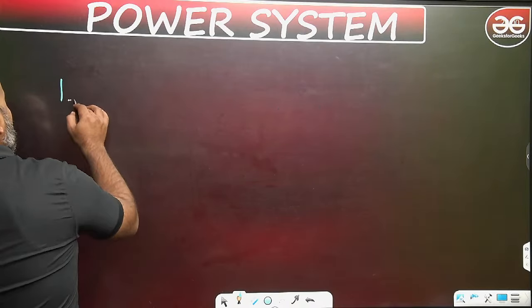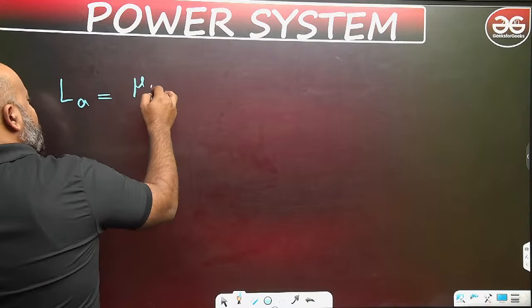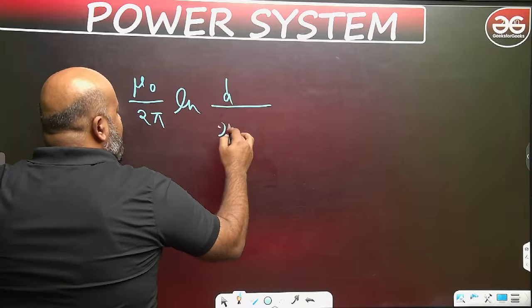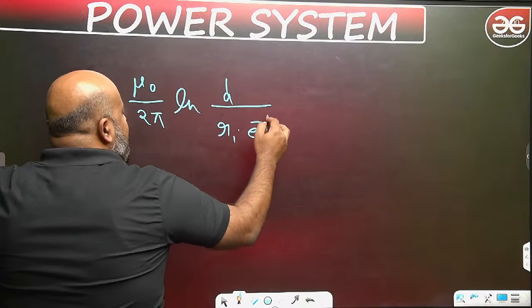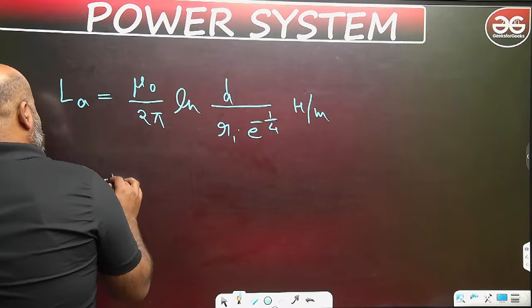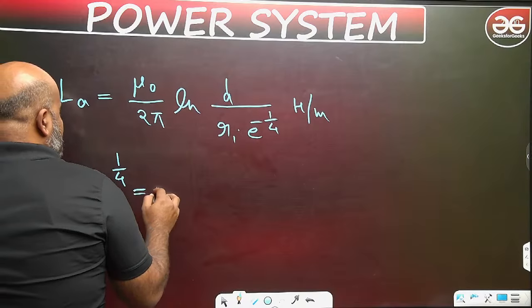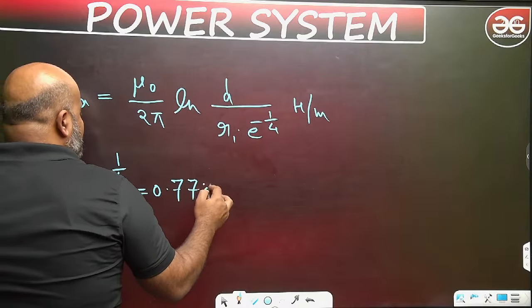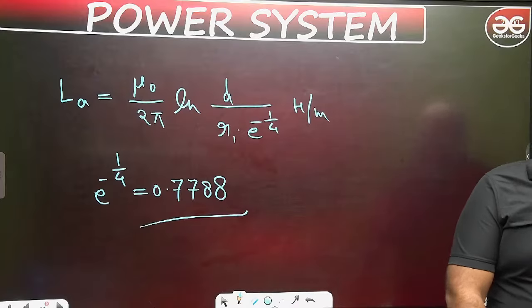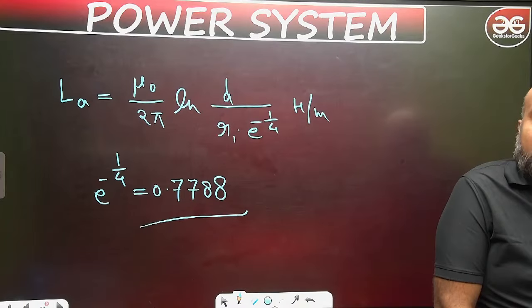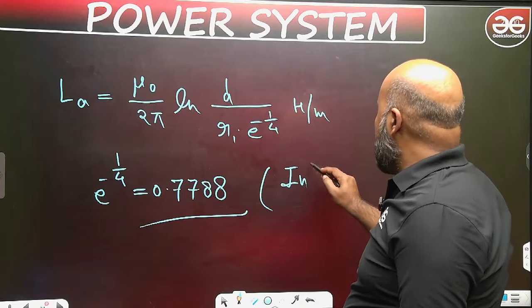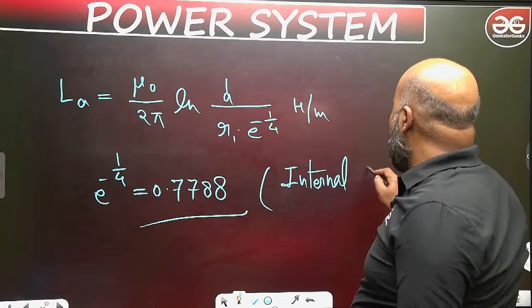So I get L_A as mu naught upon 2 pi ln D upon R1 multiplied by e raised to the power minus 1 by 4, Henry per meter. Now this e raised to the power minus 1 by 4 is 0.7788. The factor we were discussing a number of times, this is how this factor comes, and it comes because of the internal flux linkage.